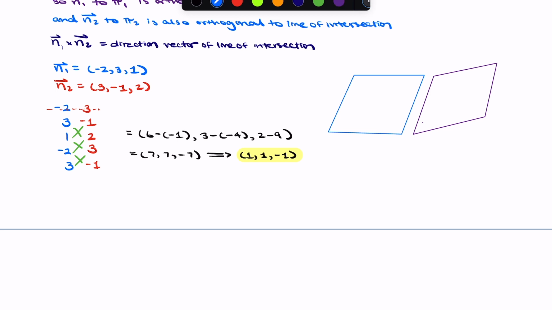And we have our normal for our first plane, and here that creates our 90-degree angle. So the normal for our first plane, our normal for our second plane, and then our direction vector is going to be right down that middle that would intersect the two planes.